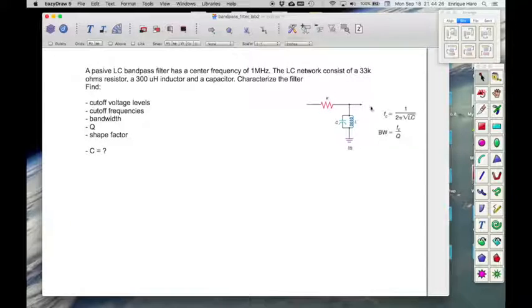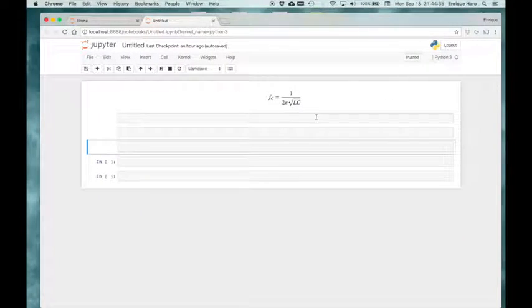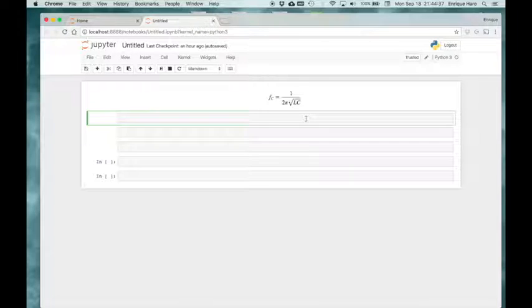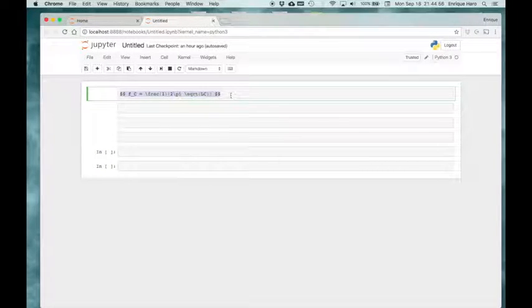Okay, so here we have the frequency, we have the inductor, so we can find C. This is the formula. So I'm going to use LaTeX to write the formulas. So let's work.